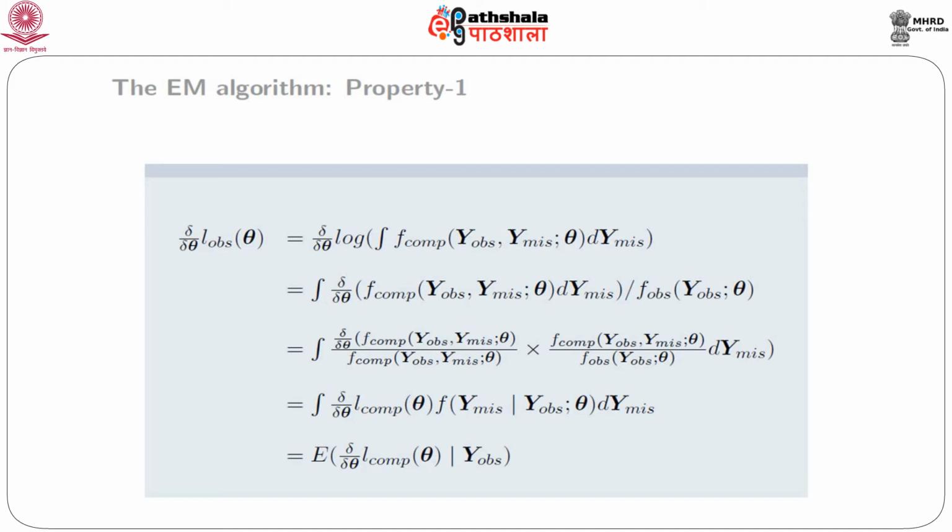So, this comes out to be the density of y missing conditional on y observed and theta, and this entirely is being integrated out with respect to the missing value, which in turn can be written as the expectation under theta of the derivative del theta of the log likelihood of the complete observations of theta, conditional on y observed.